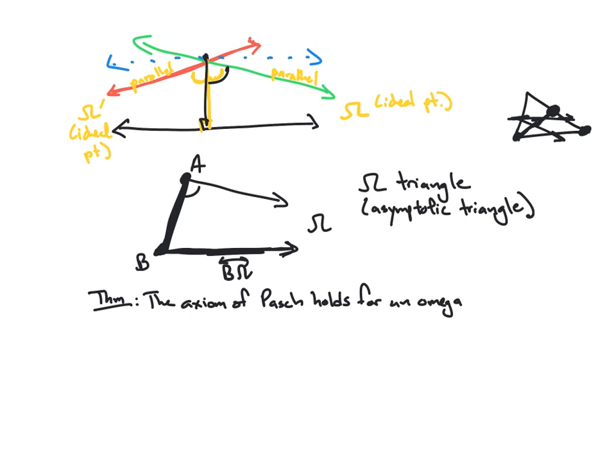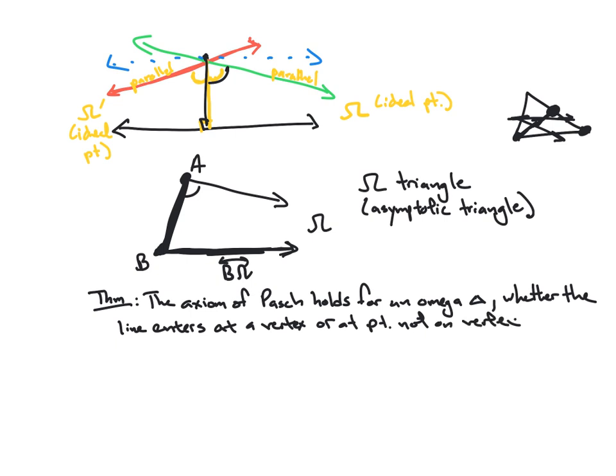Okay? For an omega triangle, whether the line enters at a vertex or at a point not on a vertex. Okay?